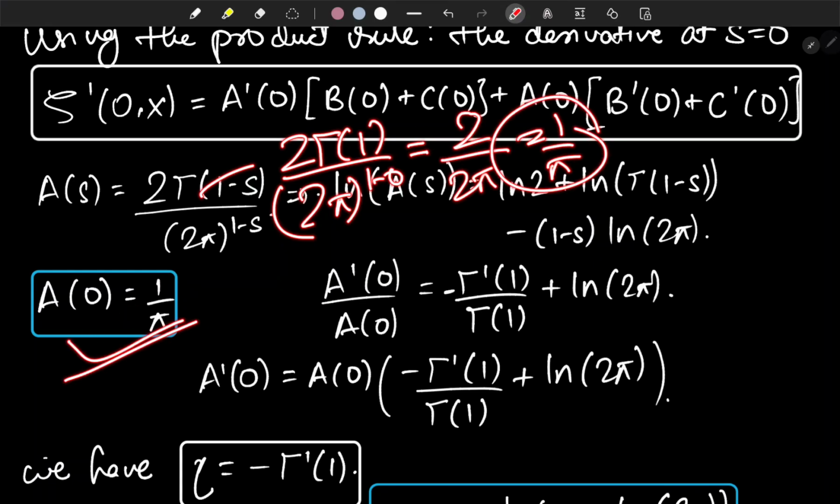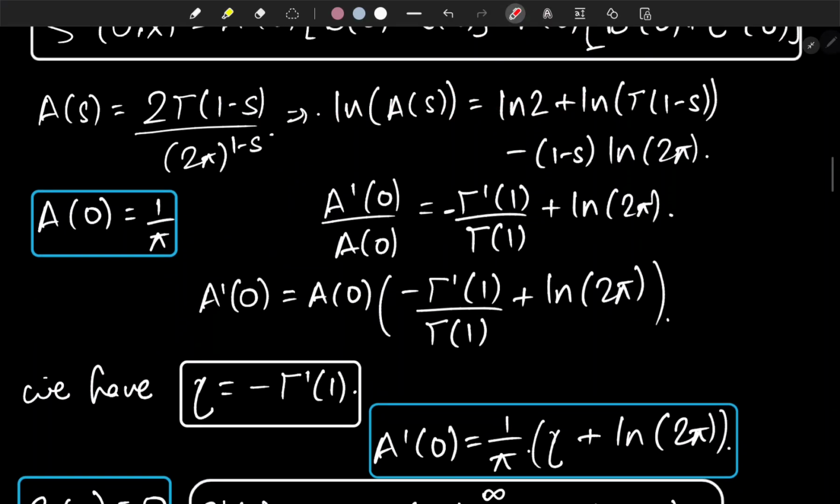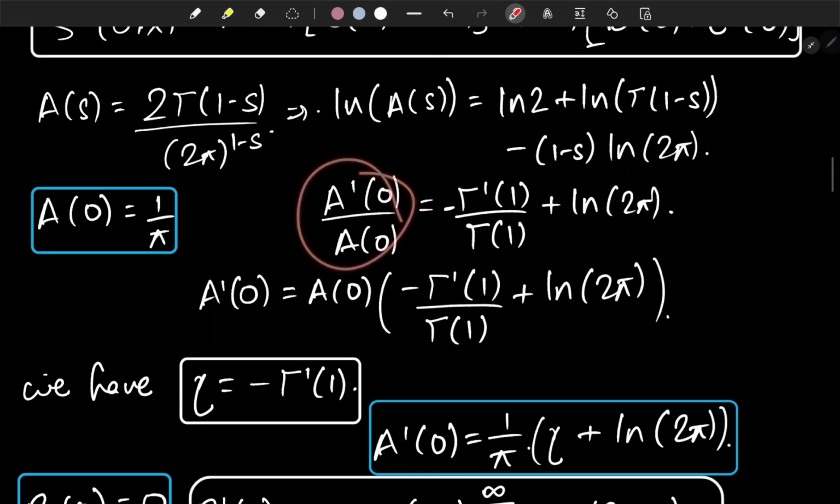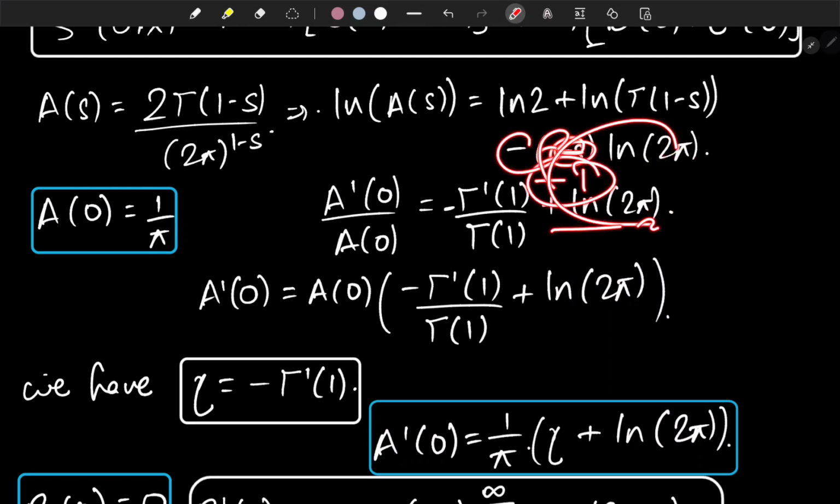So here it is. We have a dash of 0 over a of 0 equals... we have to take the chain rule here actually. Because we are talking about the derivative, that's going to be negative, and with the minus 1 it becomes a positive overall.